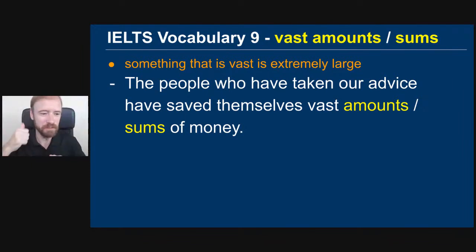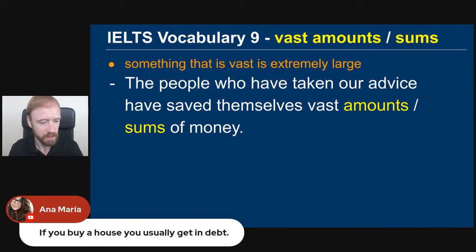But I don't want you to use much money or a lot of money. I want you to say vast sums of money or vast amounts of money. All right, that's why I'm teaching this, so you don't use a lot of and you don't use much. If you buy a house, you usually get in debt.